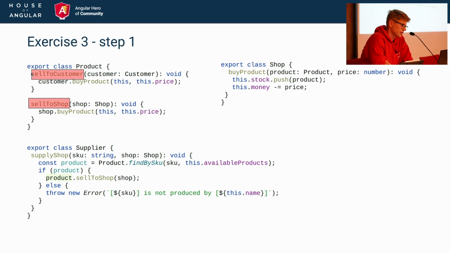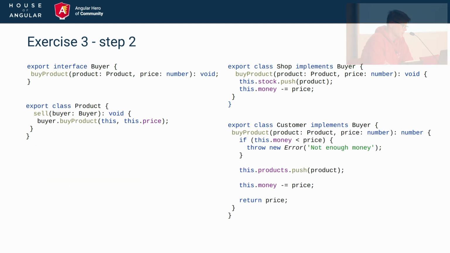So for example, in this product class, we see that all those methods here are very similar. They do almost the same thing. They have almost the same shape, but the only difference is an input parameter of different type. So how can we unify that and exchange the two methods for a single one?